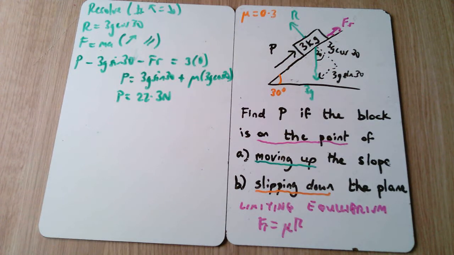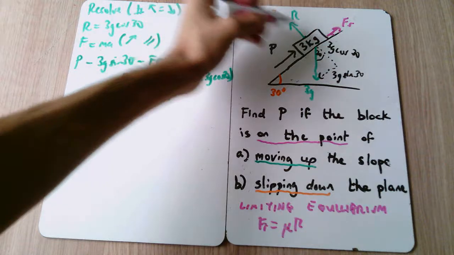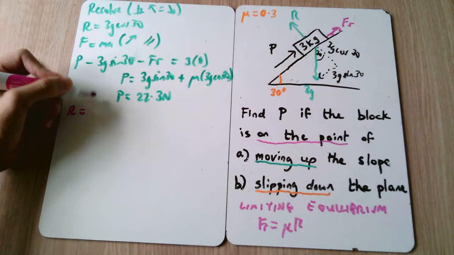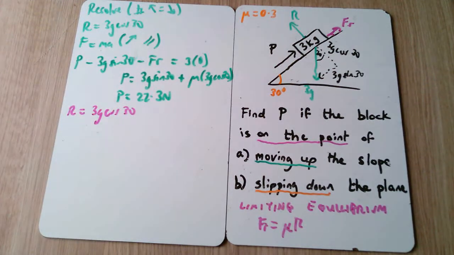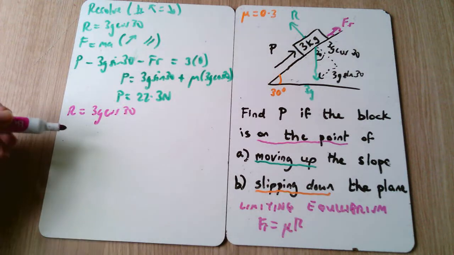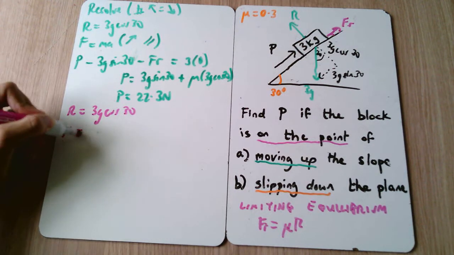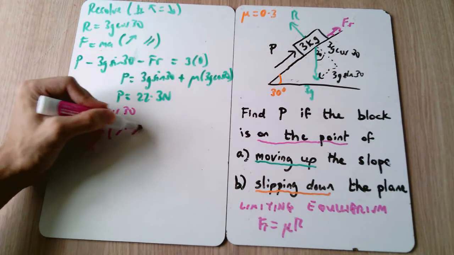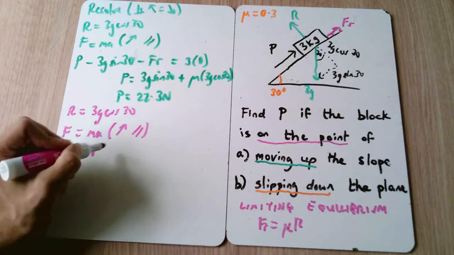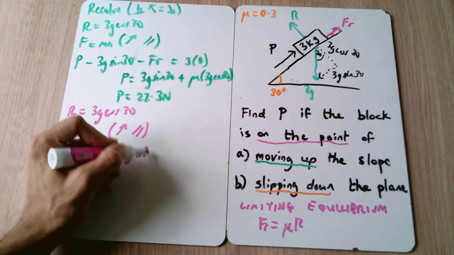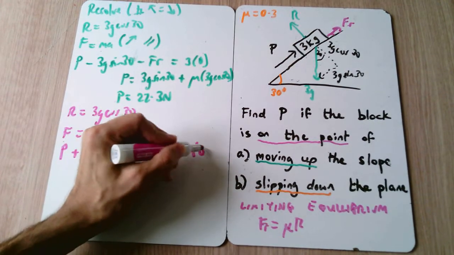Therefore, if we now work out the value of P for this case, we need to do F equals ma again, parallel up the slope. We know that R is still equal to 3g cos 30. So now we're looking at part B in pink. R is equal to 3g cos 30 again. And when we do F equals ma up the slope, we can see the friction has actually changed direction. So now our equation is going to be P plus friction minus 3g sin 30 is equal to 3 times 0.